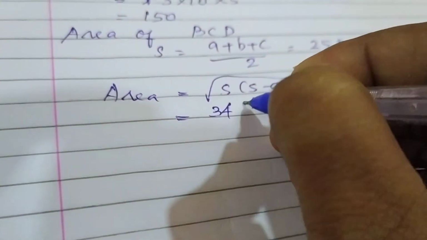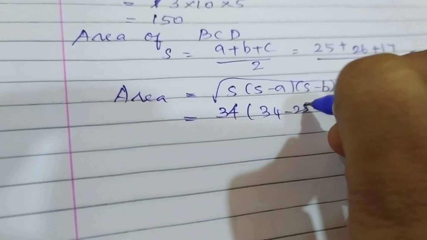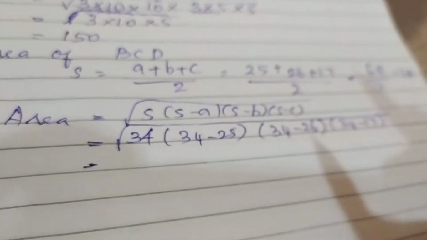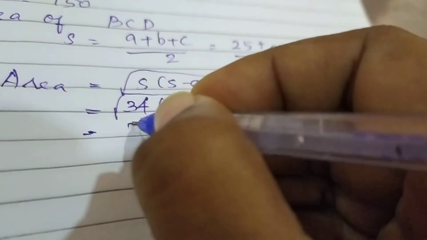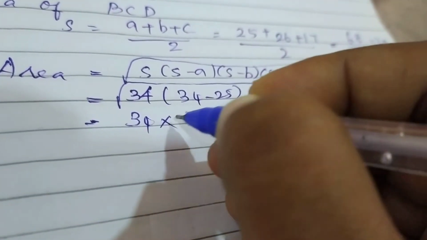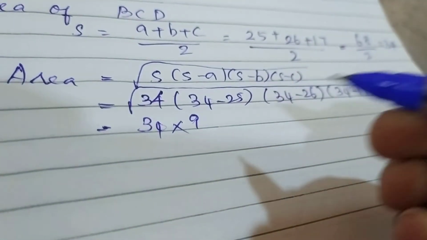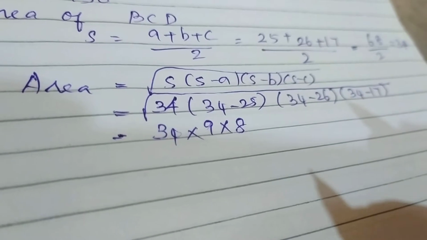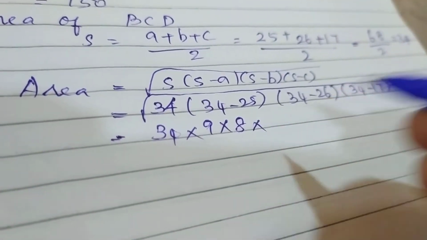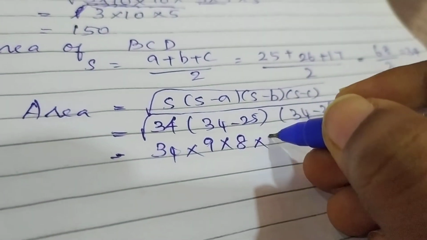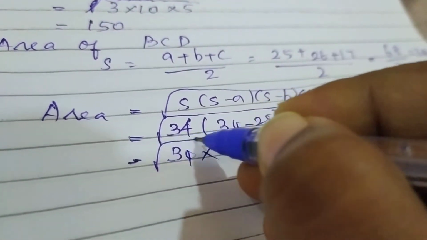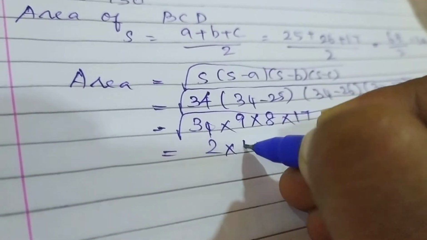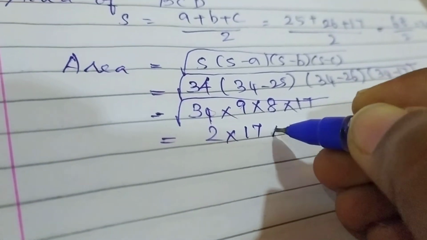So 34 minus 25 is 9, 34 minus 26 is 8, 34 minus 17 is 17. 34 is 2 17s.